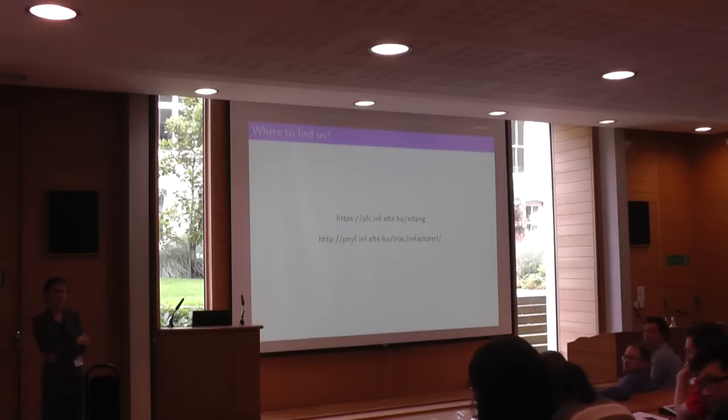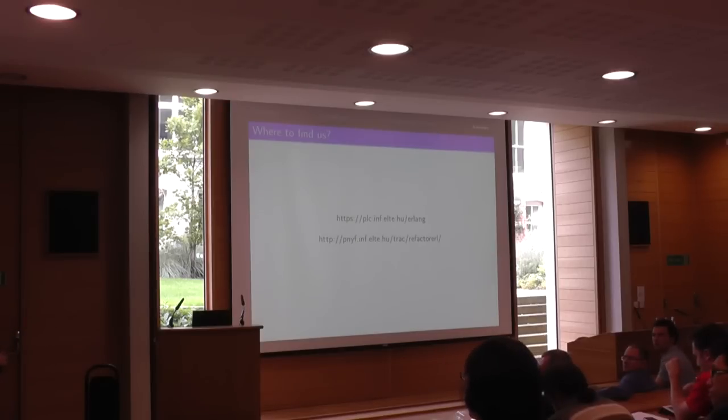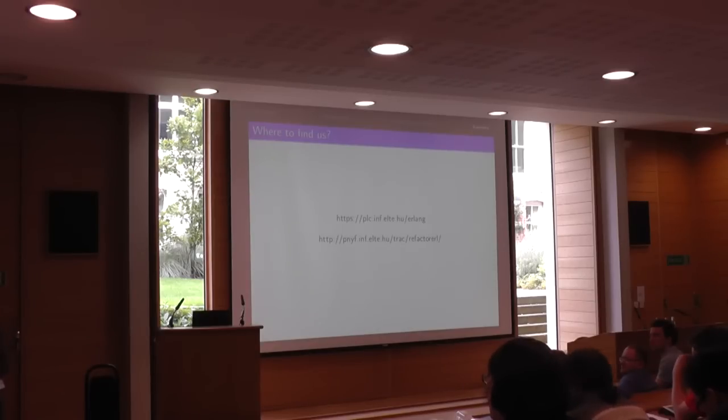I was just wondering how RefactorErl differs from Wrangler. Right. Yeah, we have a completely different representation. Wrangler uses an annotated syntax tree to represent the source code. And we use a semantic program graph, and when you want to gather some information from Wrangler's representation, you have to traverse the whole syntax tree.